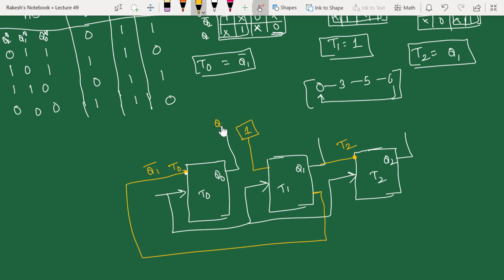Now this is my Q0, Q1 and Q2. Now we'll try to simulate the circuit by using a DIT software in a moment.